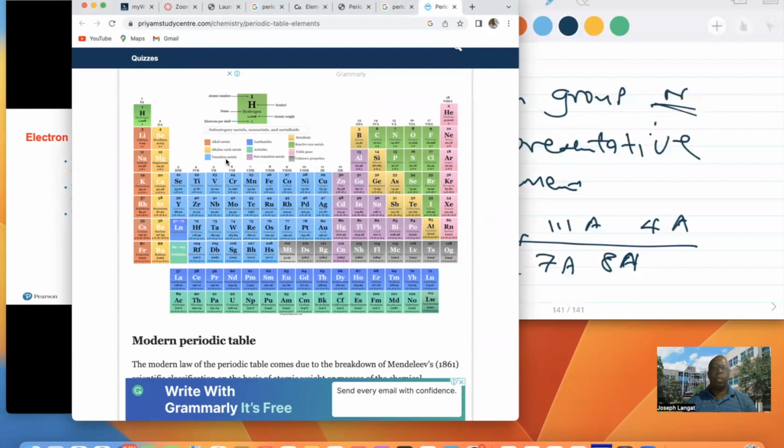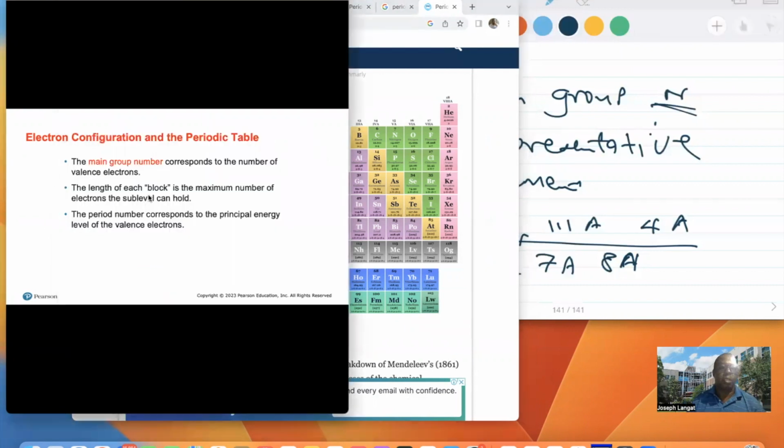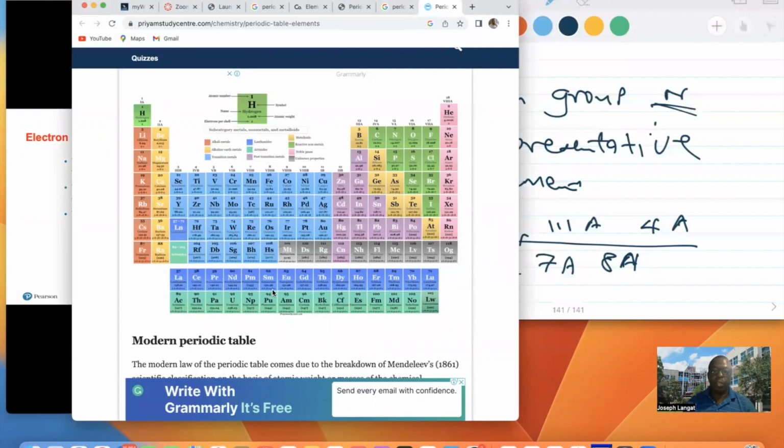The P sublevel takes a maximum of 6. This is the length of a block. Remember the S block, P block, D block, and the F block right here, 14. 1, 2, 3, 4, 5, 6, 7, 8, 9, 10, 11, 12, 13, 14.